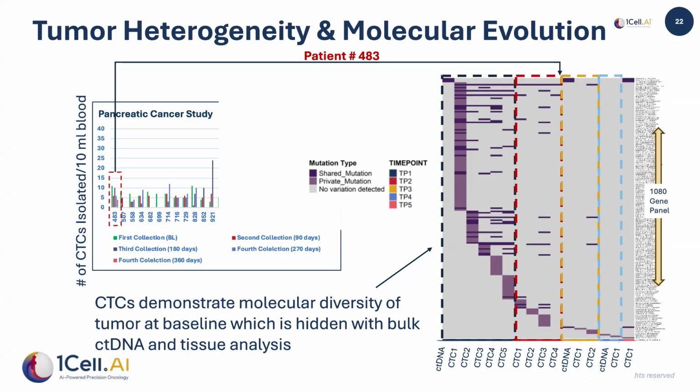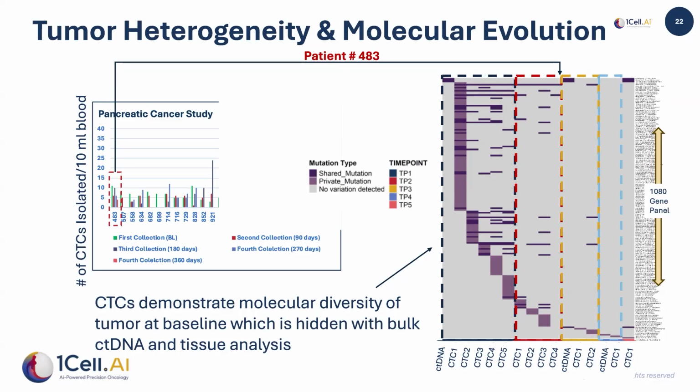And there are new alterations that are appearing. There may be old alterations that are muted or disappear. And to reiterate, tissue biopsy or just bulk ctDNA cannot outline all that is happening at a single cell level.